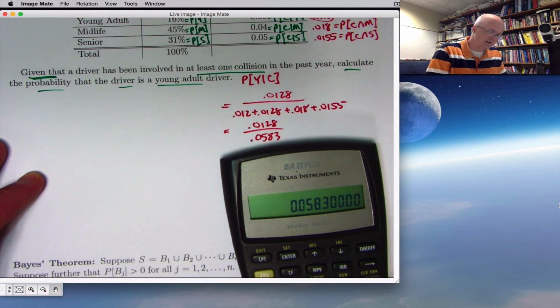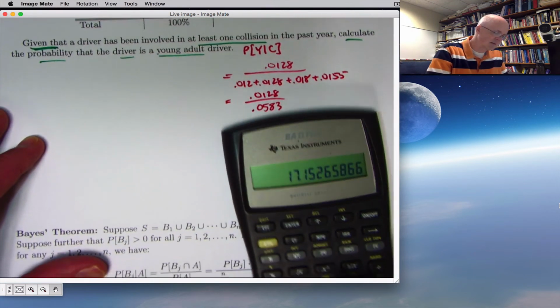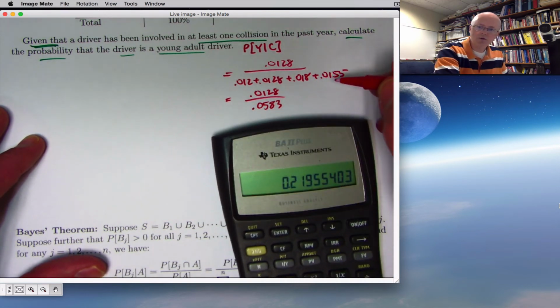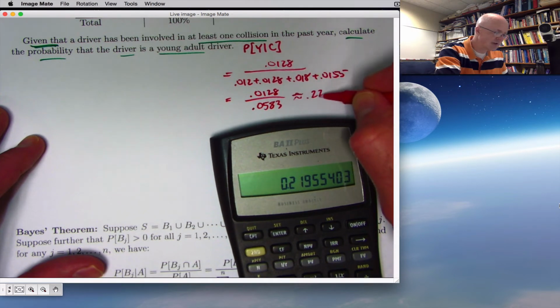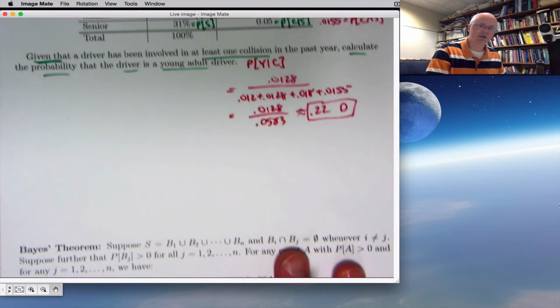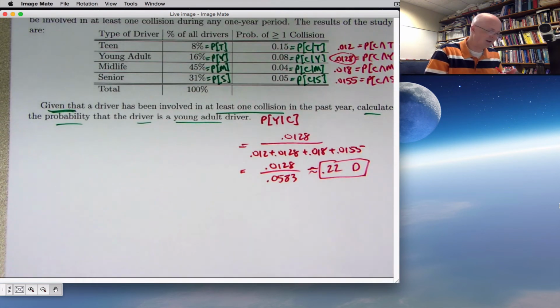On this old kind of calculator, I'm going to take its reciprocal first and multiply times 0.0128. And you get about 0.21955, approximated to 0.22, and that is answer D on the sample exam questions, and that is the correct answer. About a 22% chance. You can see Bayes' theorem statement down here. We'll come to that here.